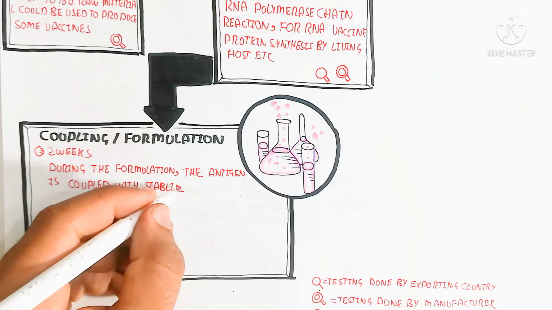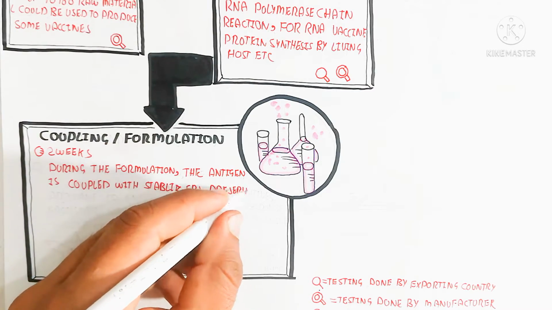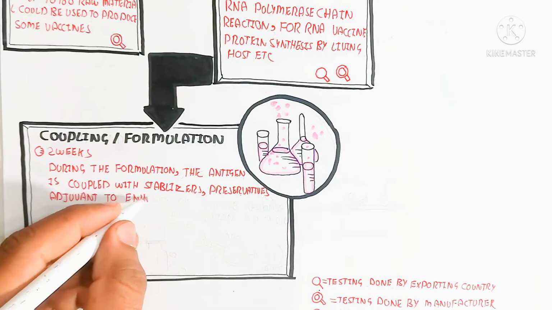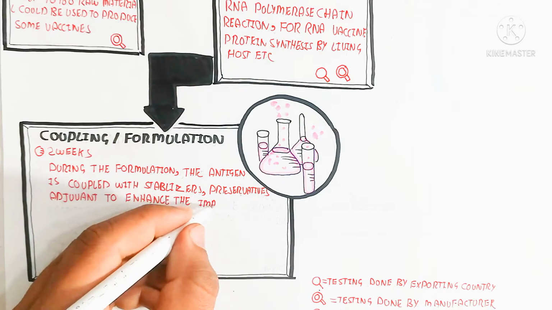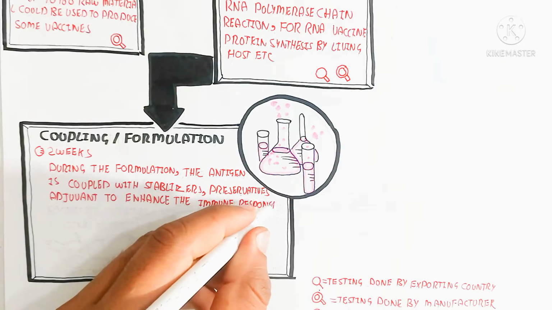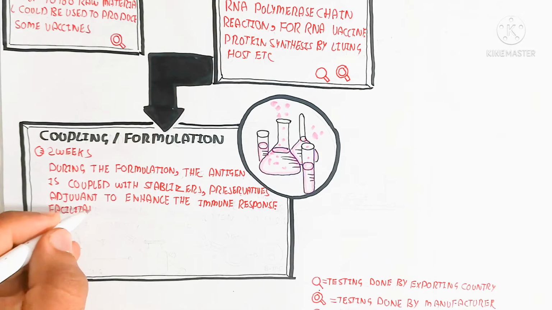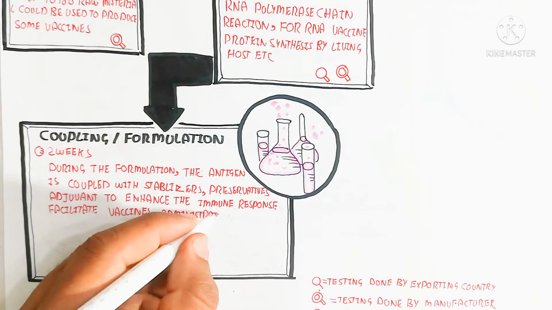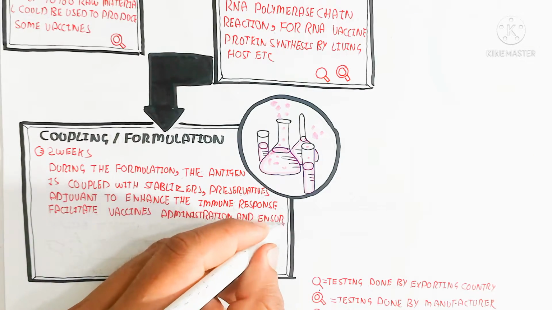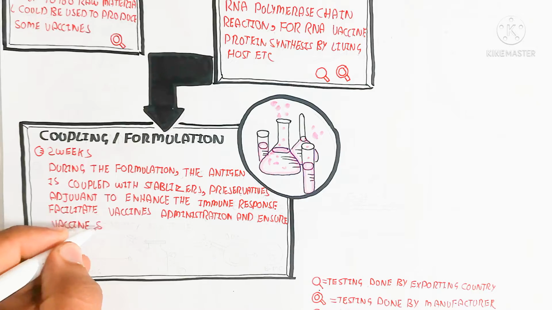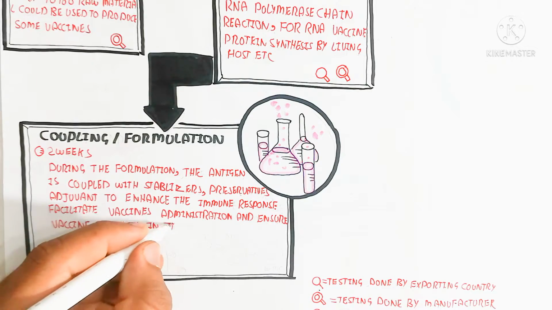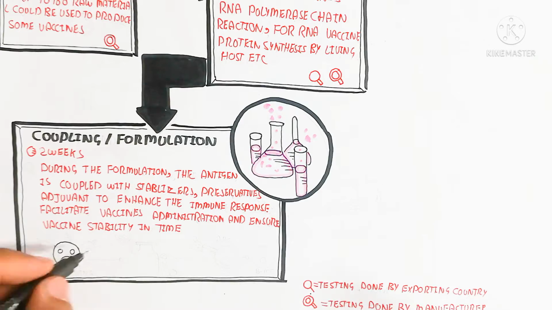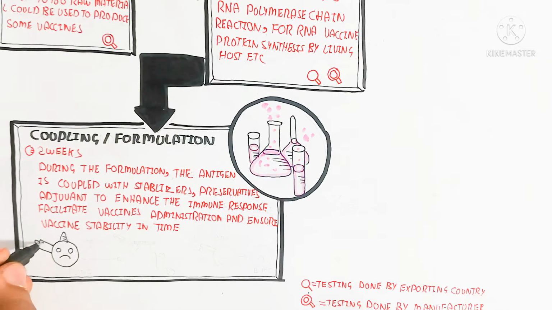During the formulation, the antigen is coupled with stabilizers. What is the meaning of stabilizer? Stabilizers stabilize the preservative and adjuvant, enhance the immune response, facilitate vaccine administration, and ensure vaccine stability over time. In this way, the vaccine can be stable through the coupling molecule.